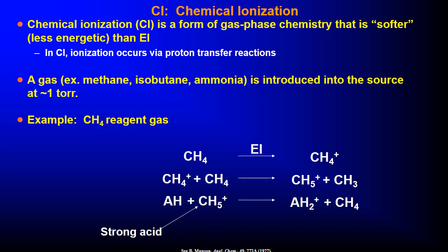A gas, for example methane, isobutane, or ammonia, is introduced into the source at 1 torr. Example here is provided for methane reagent gas. You can see here how that comes, and then we get an ion.